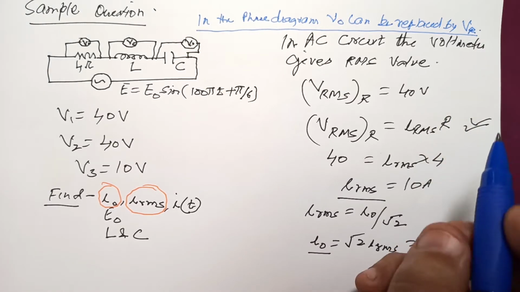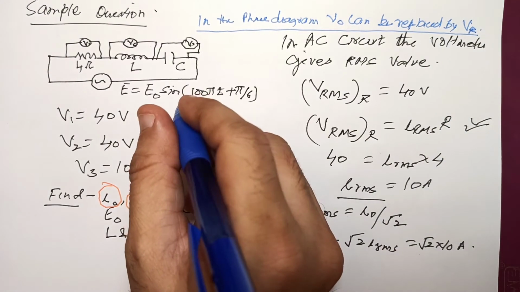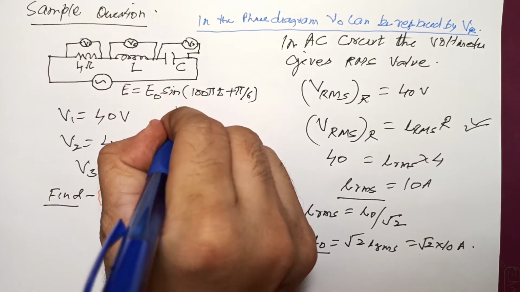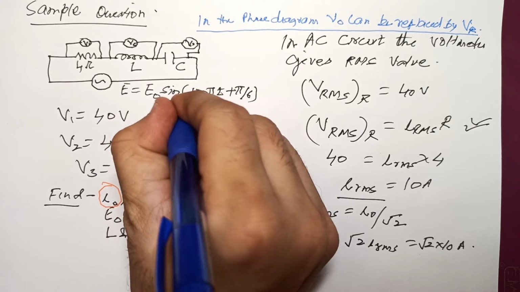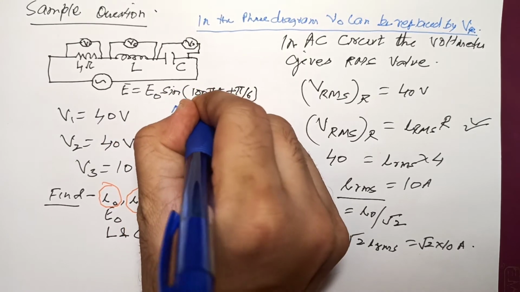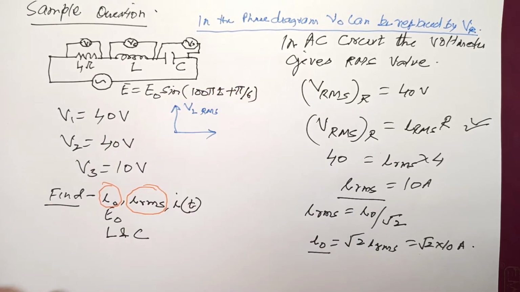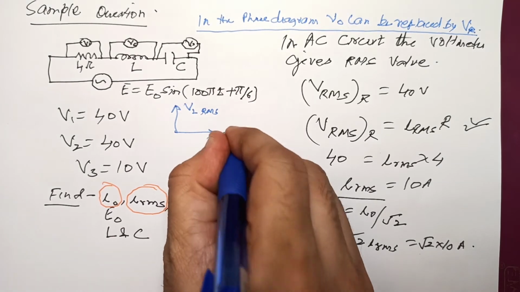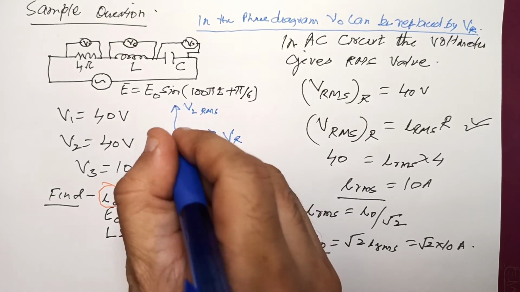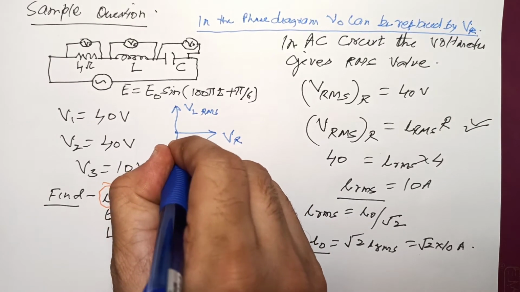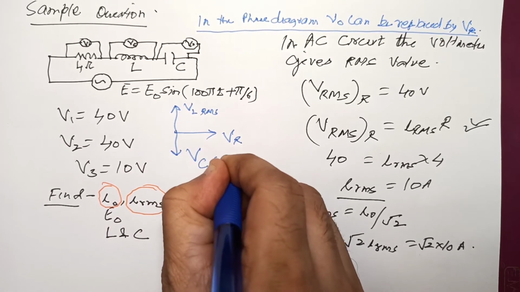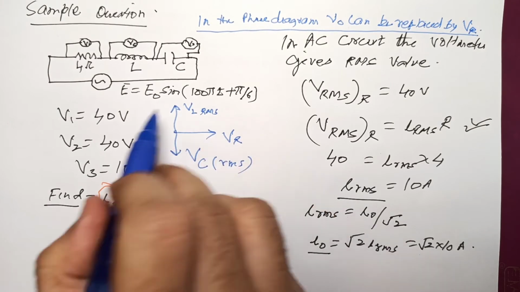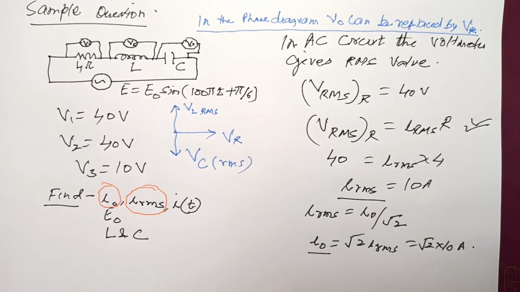Having said that, let me draw the figure. This is VL RMS, this is VR, and this is VC RMS. So we have drawn the RMS values on this side.